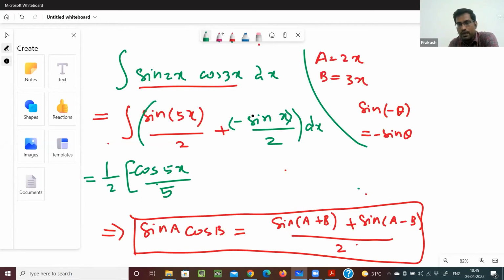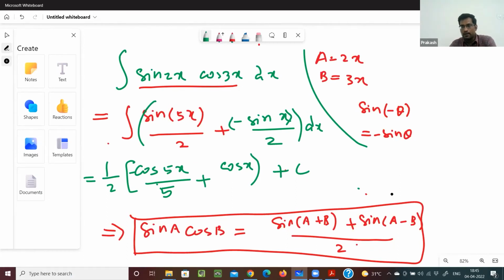So integrating sine x gives minus cos x, so this becomes plus cos x by 1, plus c. So this is the formula. You see, within 2 steps we got the answer.